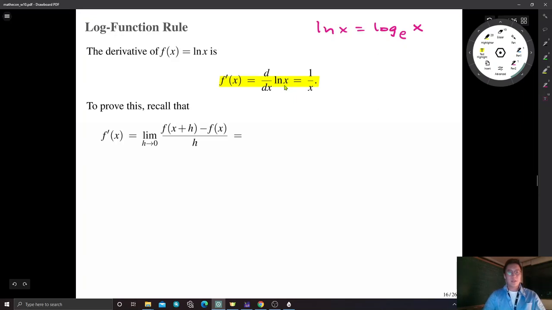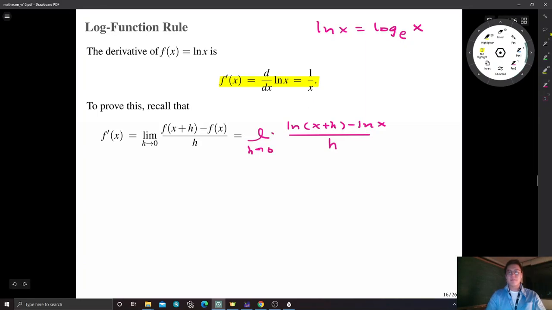Using this definition, I can write the derivative as the limit of, because f of x plus h is ln of x plus h, and f of x is ln x. So that is an incremental function when we increase the argument x by h. And then I divide by h, the increment of x, and then take the limit as h goes to 0.